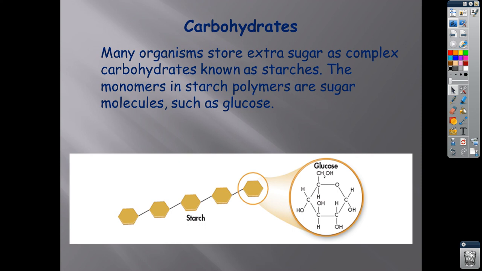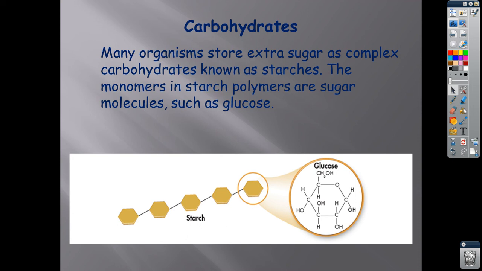Carbohydrates can many times be given extra sugar. You consume more sugar than what you're supposed to. So what is the body going to do? The body is going to store that extra sugar as what we call a complex carb. Complex carbs are also known as starch. The monomers in a starch are basically going to form polymers.